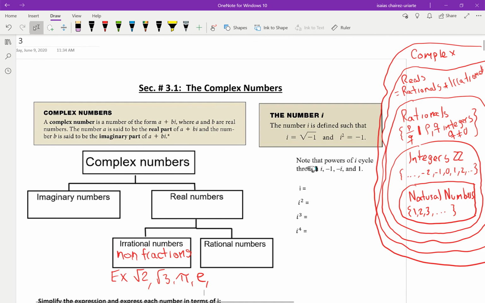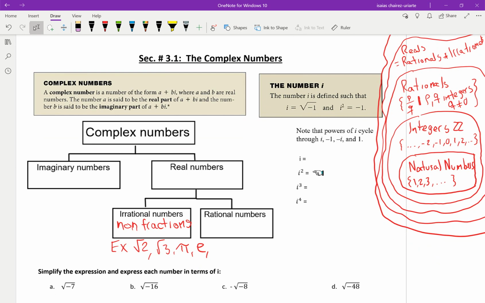Okay, one thing to notice here is we're going to have to play with powers of i at some point. So let's explore a little bit powers of i. i to the first power turns out it's just i. i to the second power, they told us, is -1. And then i to the third, how could I possibly find i to the third?